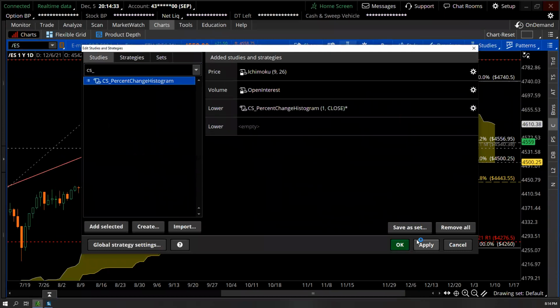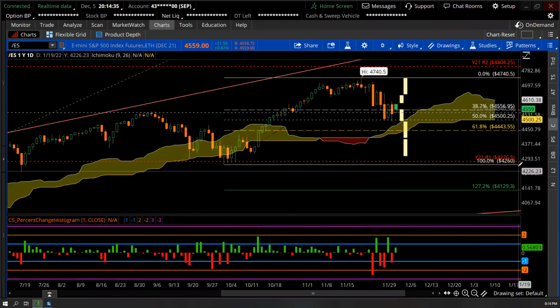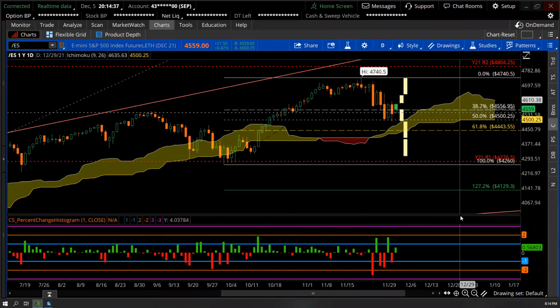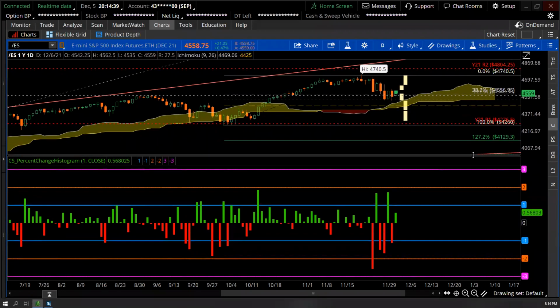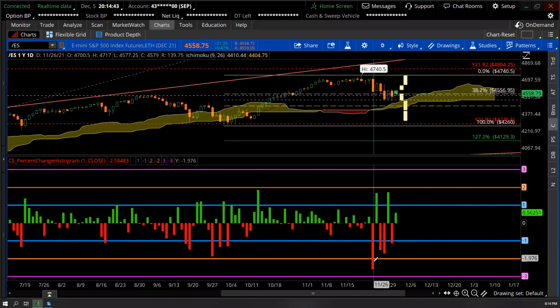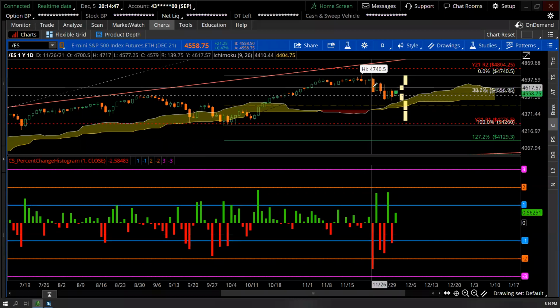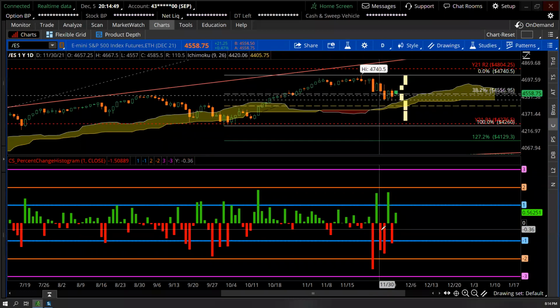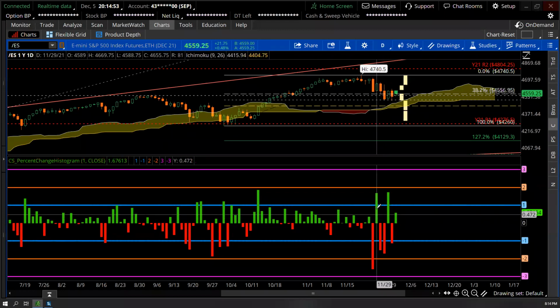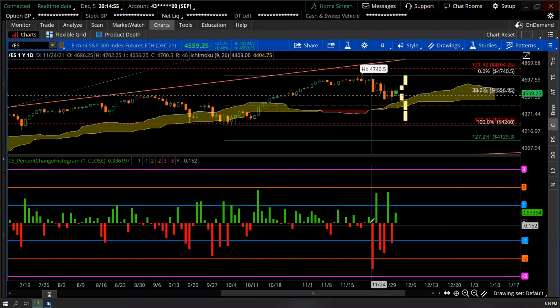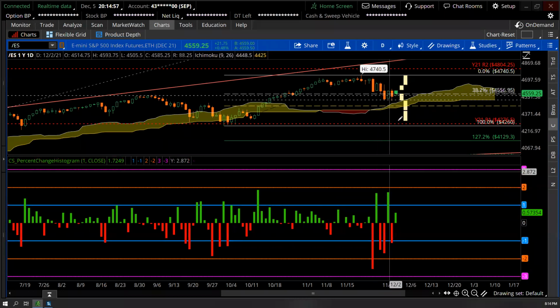How much percentage move has the market been doing in the last couple of days? If you can see, on Thursday it was close to 2.5% down, and then we saw close to 1.5% down. So the bounce that is happening here is one big down day followed by one big up day, right?